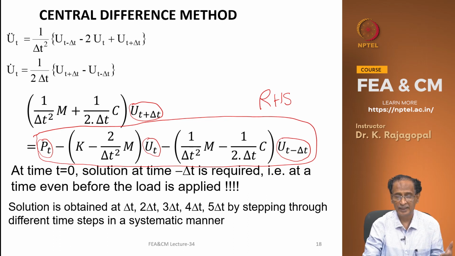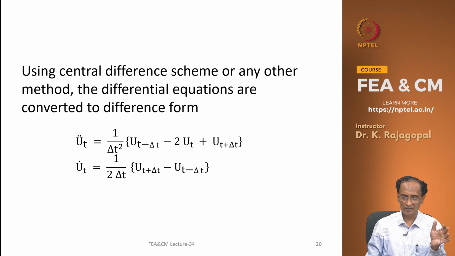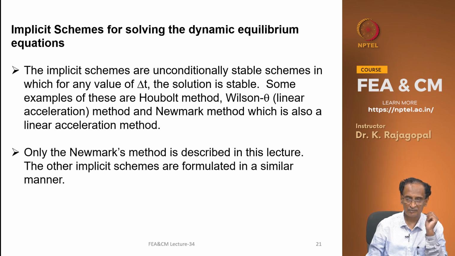This is our explicit equation for solving, and it is a good procedure, but the only thing is it is conditionally stable, which we will see with a numerical example. For some delta t's, you might not get any convergence.